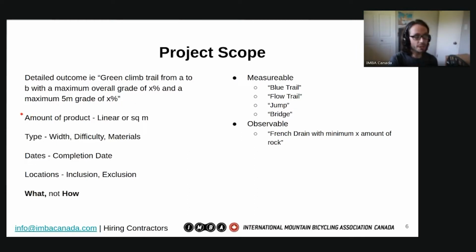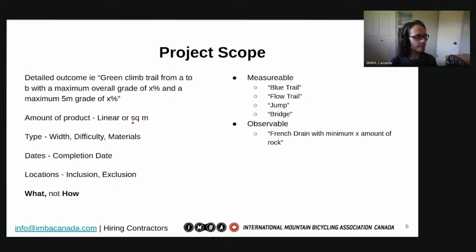And depending on the type of project or the type of things you're looking to buy, these will all change depending on how much it is. It can be simply a linear amount of trail, or perhaps it's a bike park and it's going to be built in square meters, and therefore you can look at, we want a bike park to be roughly this large with these styles of jumps, including easy difficulty all the way up to hard difficulty.